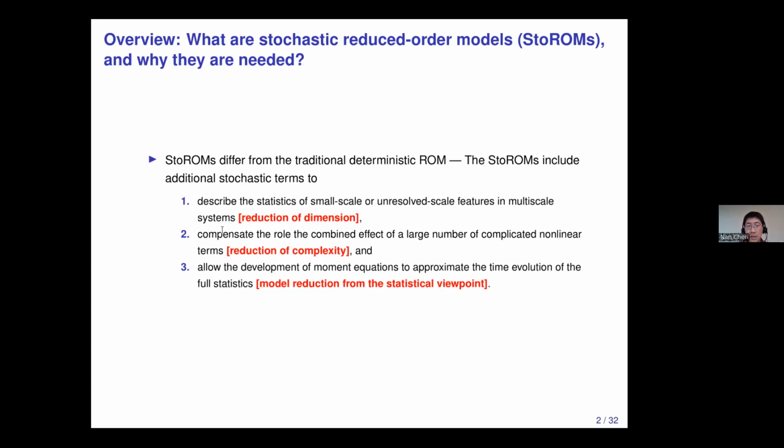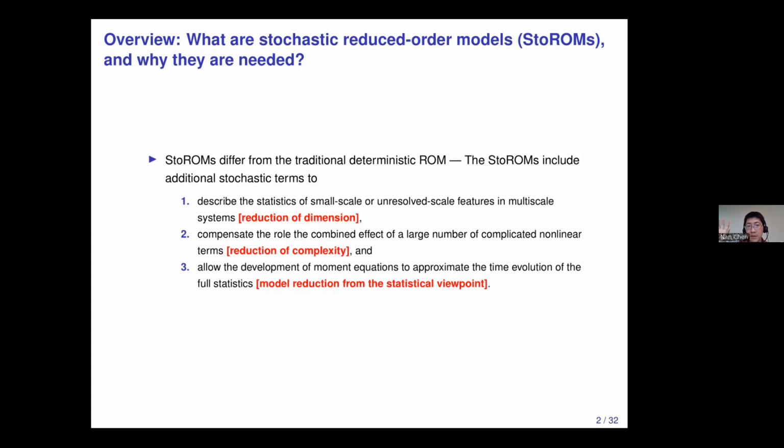And second, these stochastic terms can also be used to compensate for the combined effect of many of these complicated nonlinear terms. So effectively, after you do truncation or another method, you will end up with a lot of these nonlinear terms, right? Each time you have to do the multiplication, you also need to add all these terms together.